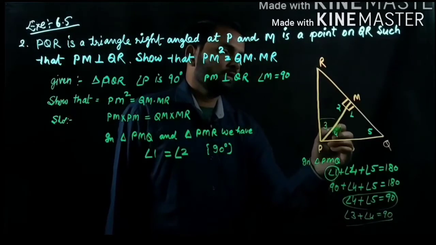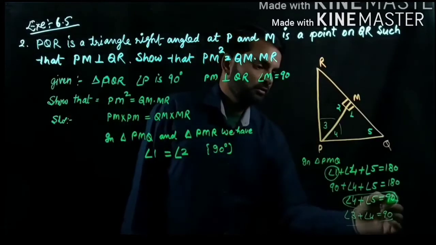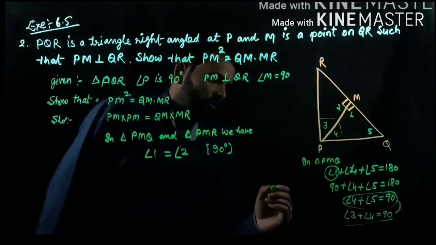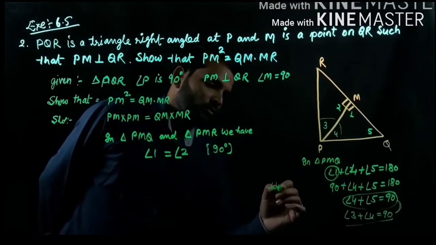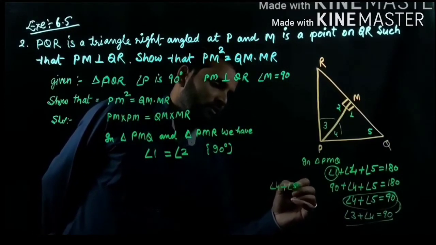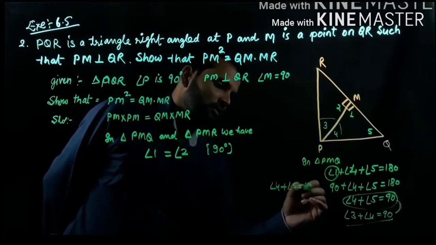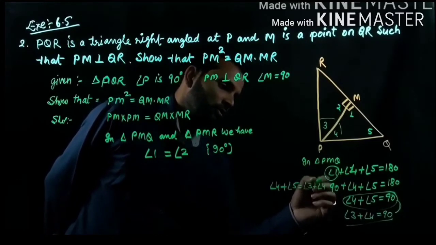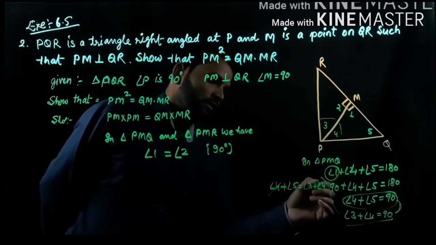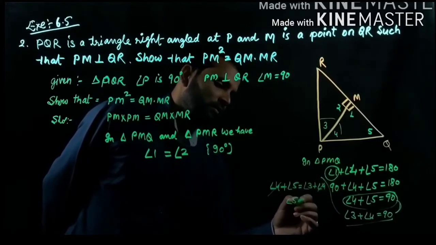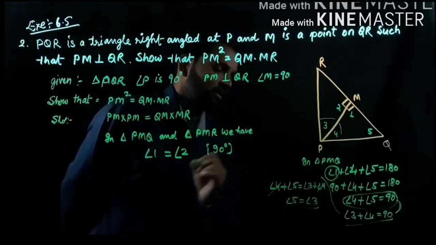According to the two equations, angle 4 plus angle 5 is equal to angle 3 plus angle 4. The 4 cancels, so angle 5 and angle 3 are equal.